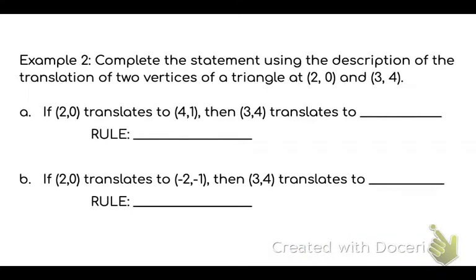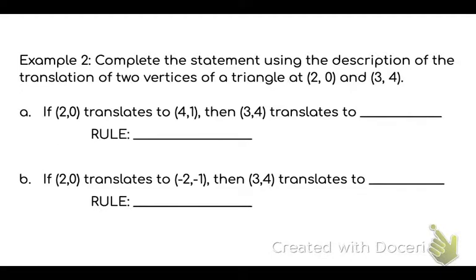Complete the statement using the description of the translation of 2 vertices of a triangle at (2, 0) and (3, 4). If (2, 0) translates to (4, 1), then (3, 4) translates to blank. The first thing we have to think about here is the rule and what change happened to get this shape to move.